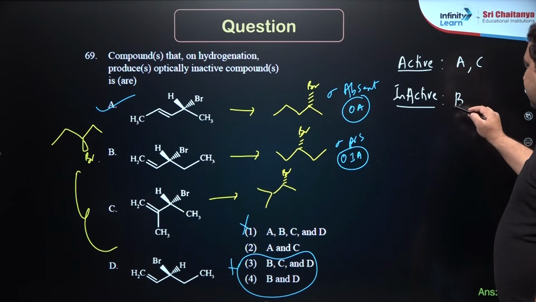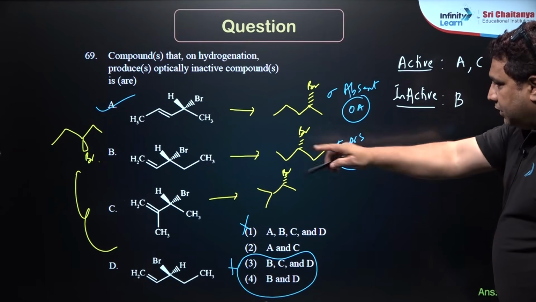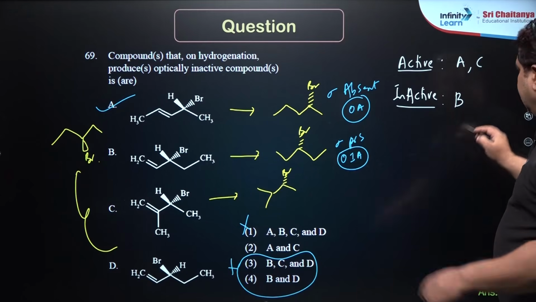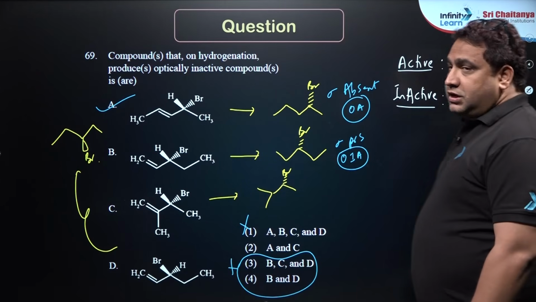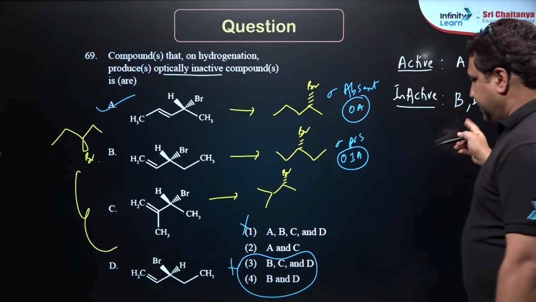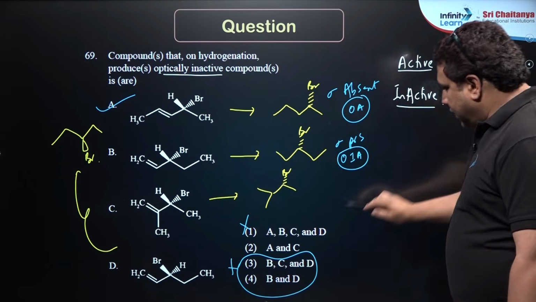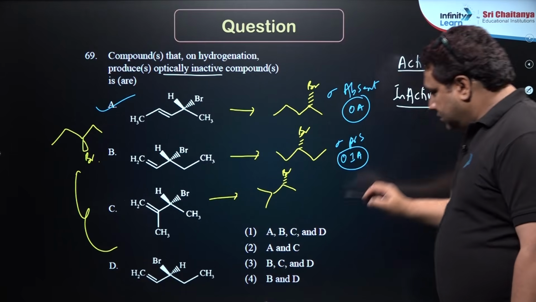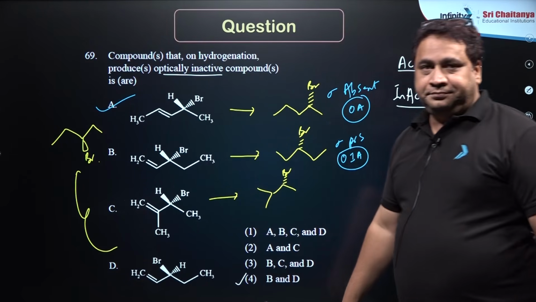B will produce inactive, and D will produce inactive. Now the question is optically inactive. Optically inactive is BD, right? So I have made an error here. Actually, I was going in active mode, right?